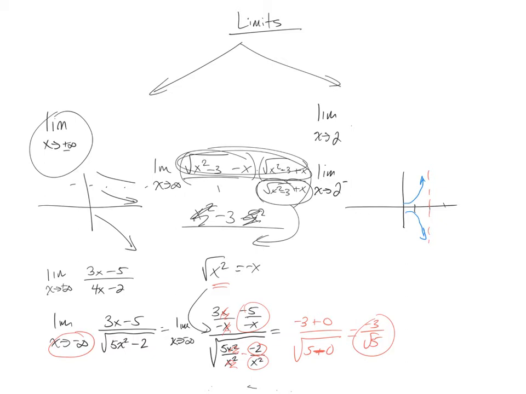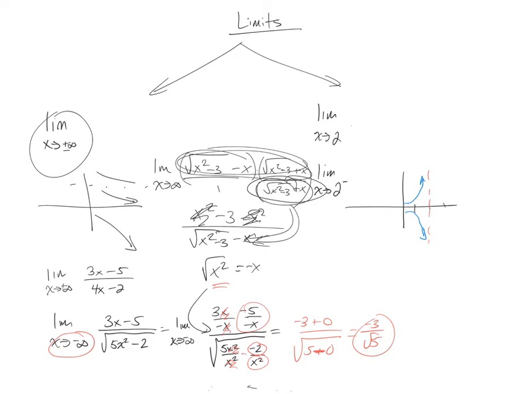So we were just saying this thing is going to wind up coming down here, and you're going to get the square root of x squared minus 3, minus x.